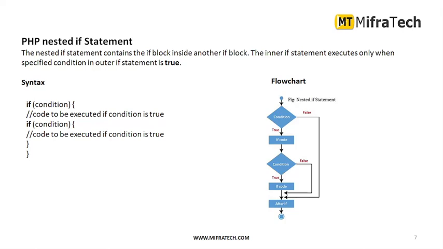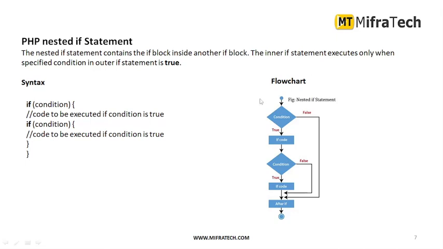PHP nested if statement. The nested if statement contains an if block inside another if block. The inner if statement executes only when the specified condition of the outer if statement is true. If one block of code is true, then it will execute the other block of code. If the starting block of code is false, it will directly execute the output.